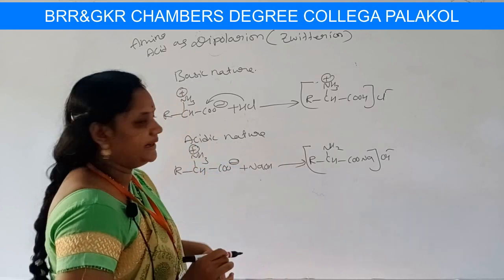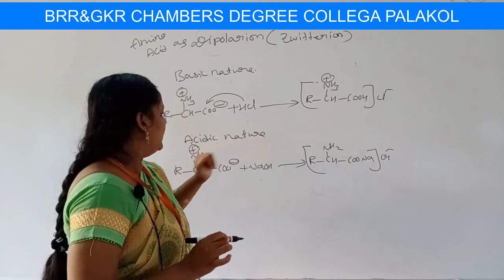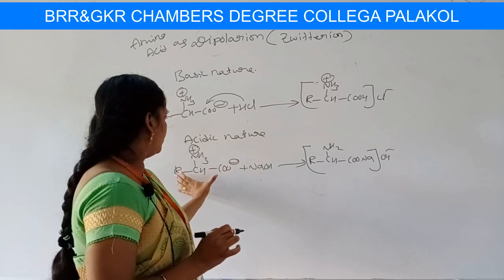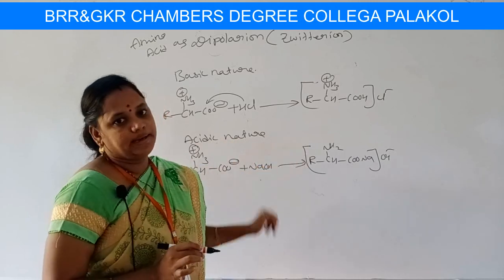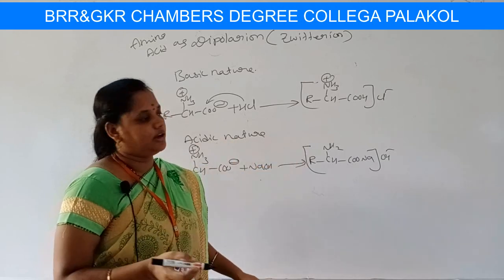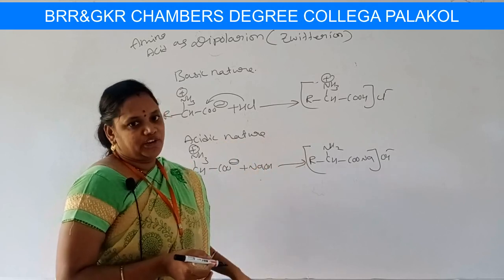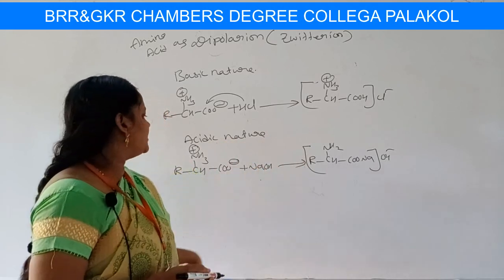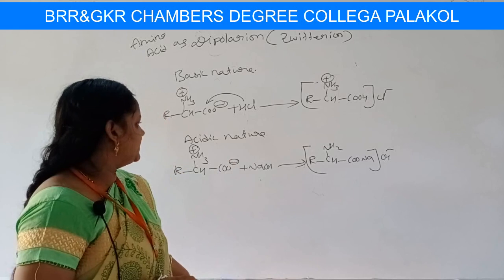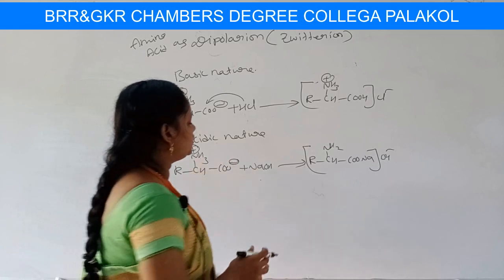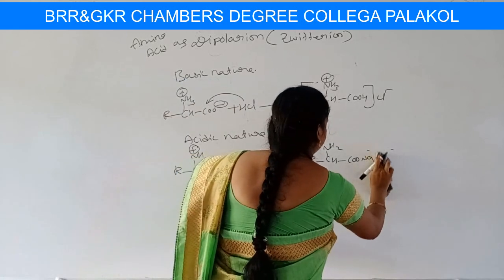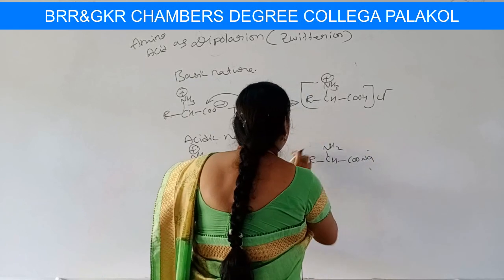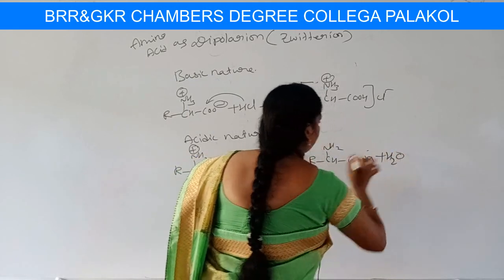If you write acidic nature and add NaOH to Zwitter ion, you will get this product, the sodium salt of amino acid. Right students, this H and this OH will give plus water. I am sorry, here you will get plus water.